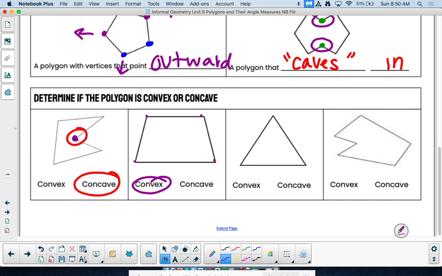So that's convex. Our next one here is a triangle. Again, all of our vertices are kind of just pointing outward. Convex. And then our last one here, again, do you guys see how it dips in right here? It's going inward, so it's concave. Beautiful. All right, when you're ready, we have 3 more vocab terms to talk about.